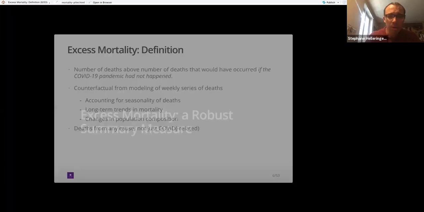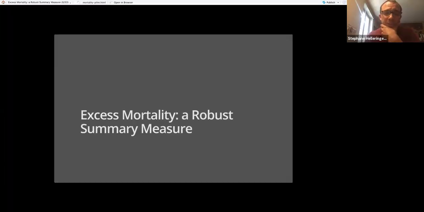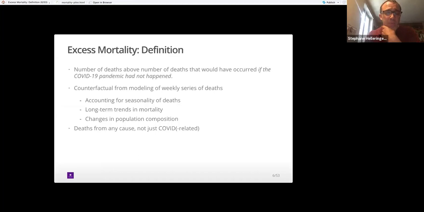Now, since the beginning of the pandemic, there's been an increasing focus on more robust measures of all these kinds of combined direct and indirect effects, and that's what has been called excess mortality. And excess mortality, to put it very simply, is the number of deaths above the number of deaths that would have occurred if the COVID-19 pandemic had not happened.